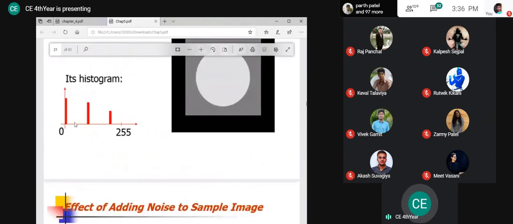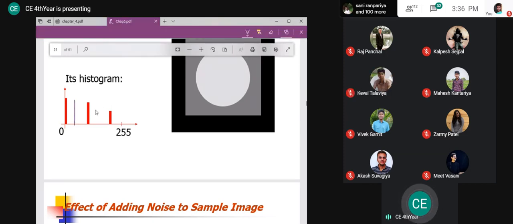If the intensities are nearby, what will happen? Suppose my intensities look like this. These are the intensities present. The Gaussian curve for this will be like this, the Gaussian curve of this will be like this, and the same way for the others. The combination of these curves will have a different shape. That is a separate problem.